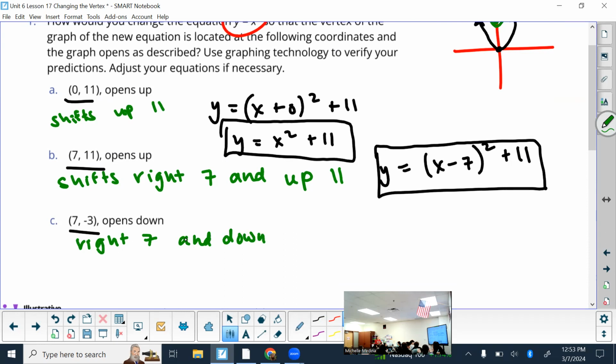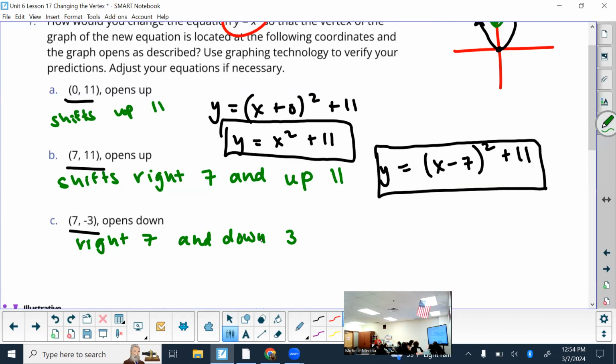And then what about it opening downward? What would have to change? Or like, how do we call it when it flips? How do we make it go down?